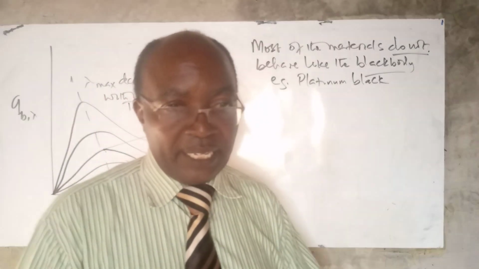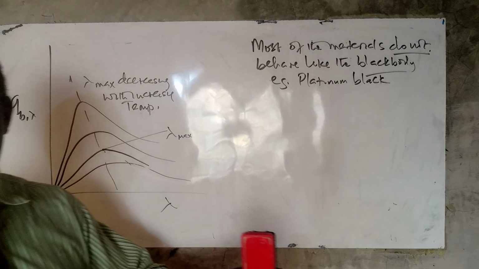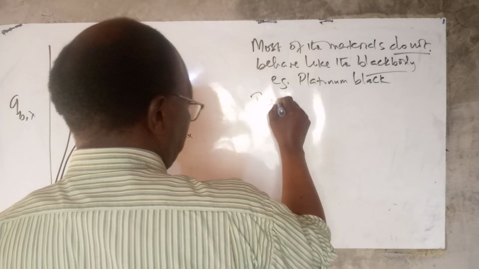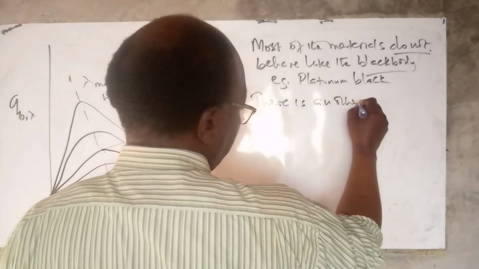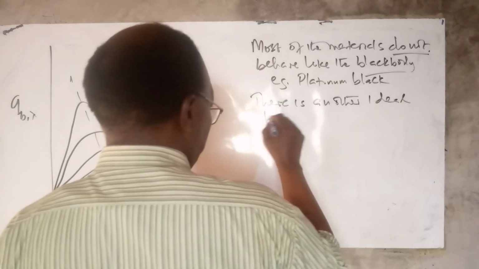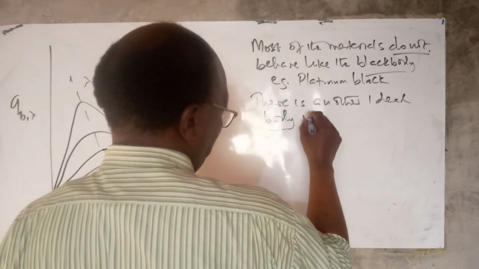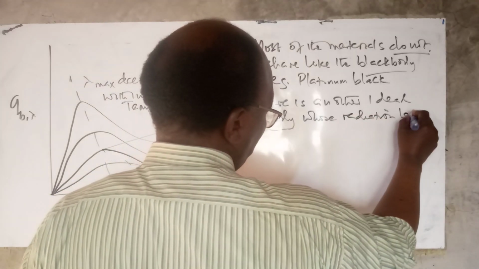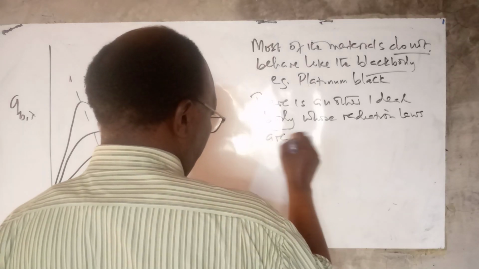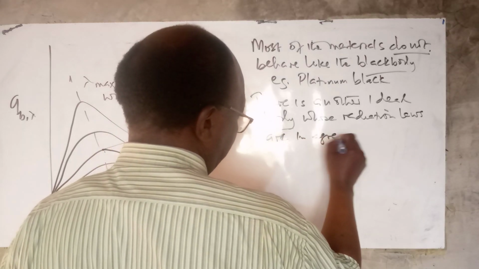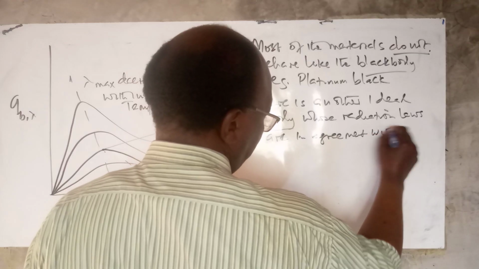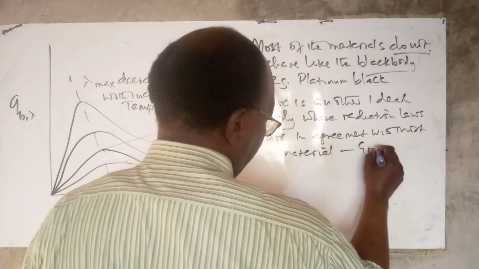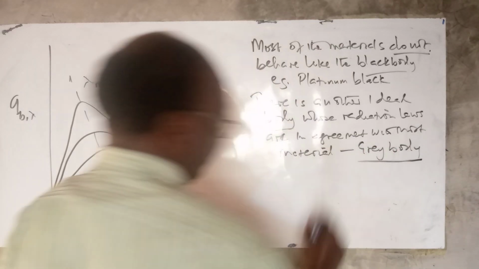But there's another body, which is called a gray body. There's another ideal body whose radiation laws are in agreement with most materials, and we call it the gray body.